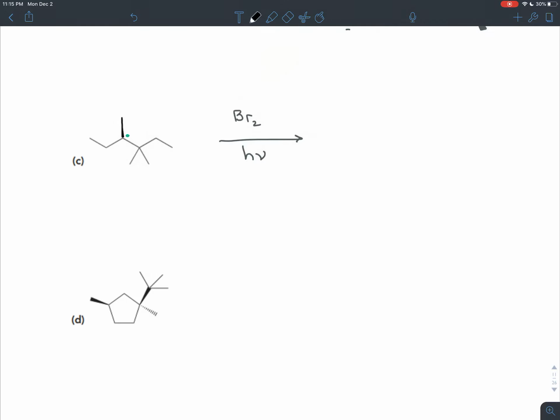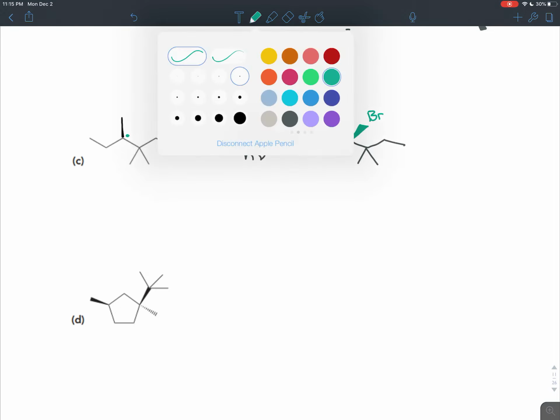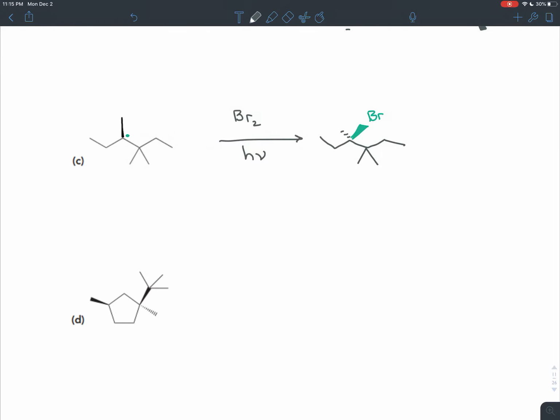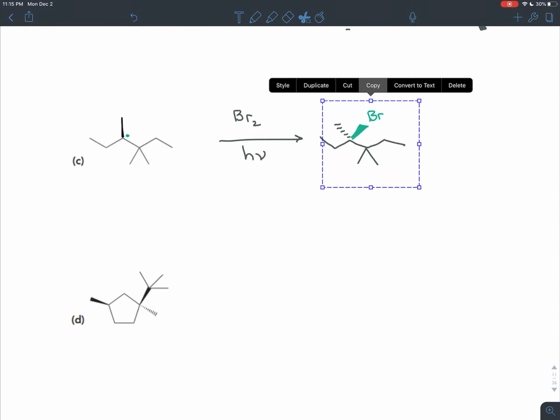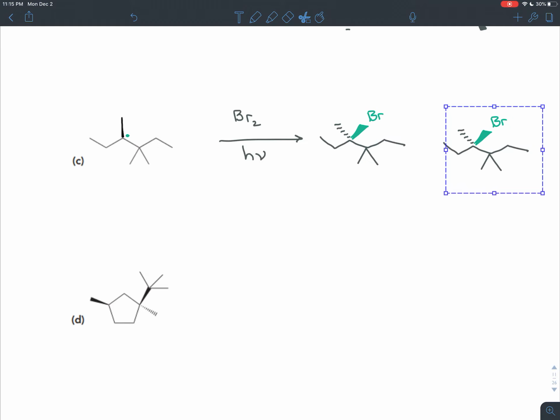The second bromine radical then couples with this. Now, it can attack from the top, in which case the bromine would be coming out at us, and that would push the methyl group so that it's going away from us. It would be represented by a dashed wedge. But because the original molecule is trigonal planar and flat, there's no reason why the bromine would just attack from this side.